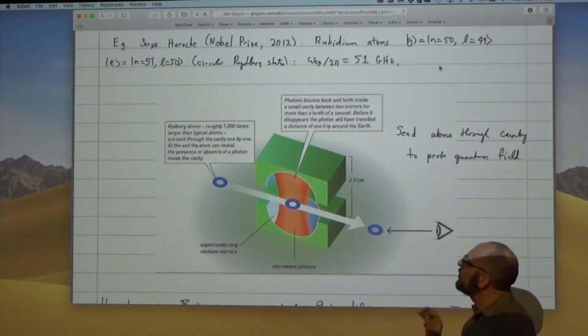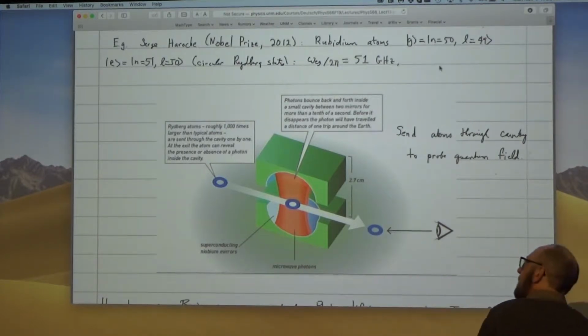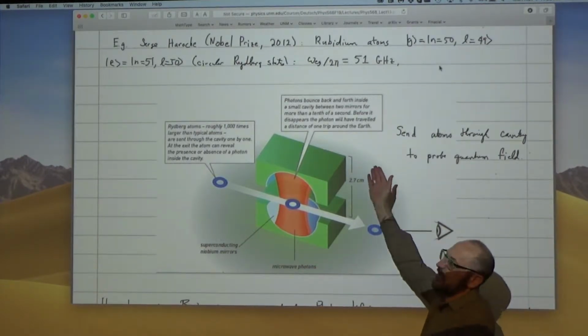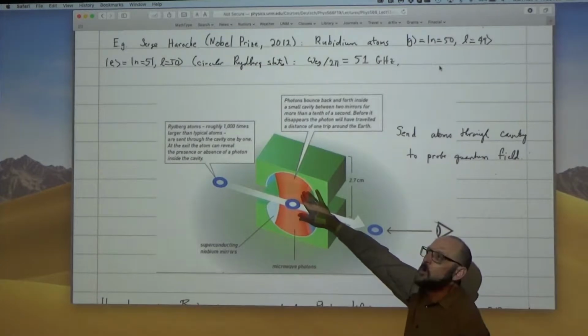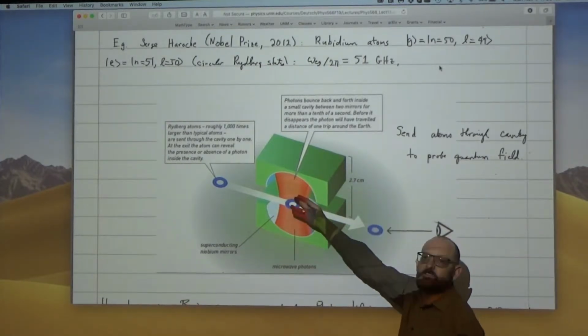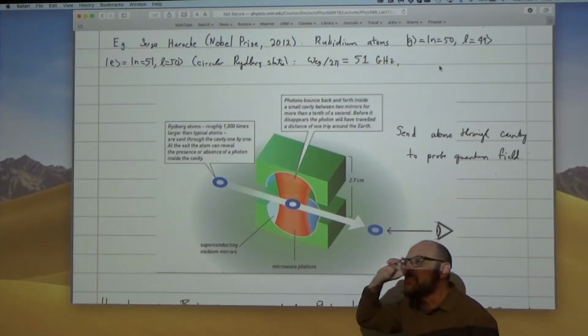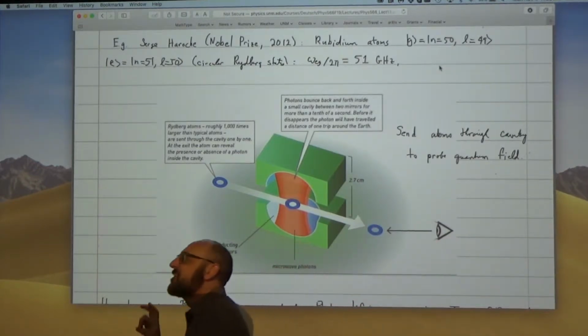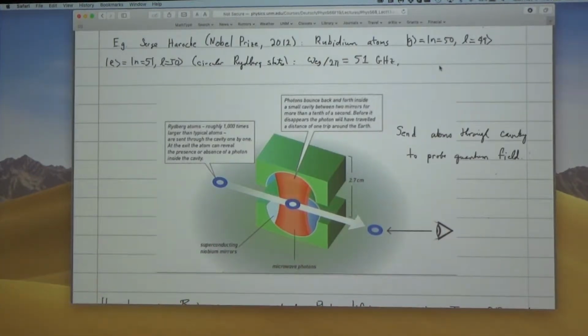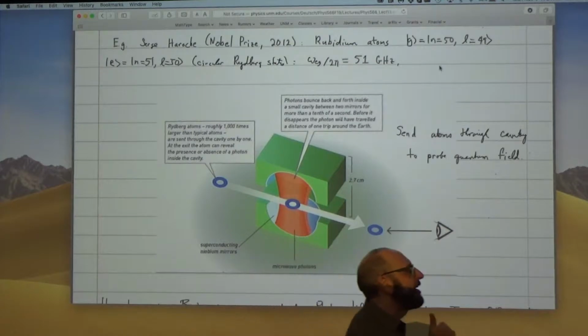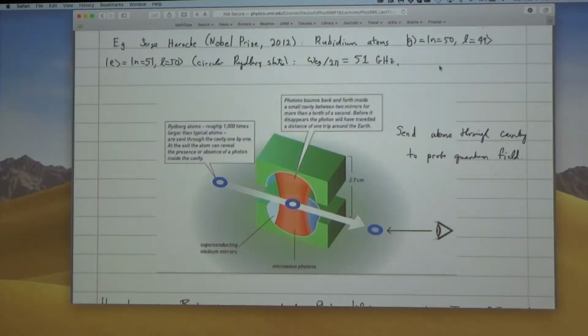So in that situation, you can think about the next mode of the cavity as so far from resonance that you can ignore it. And you can think about the whole electromagnetic field as one mode. It's a single mode of the electromagnetic field, which is a harmonic oscillator that interacts with this two-level system.